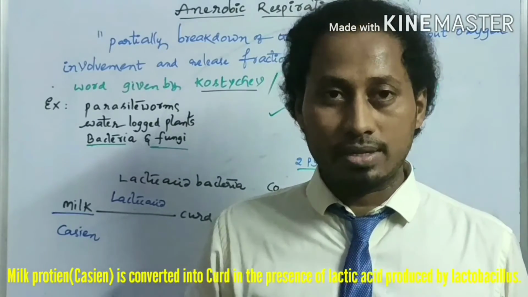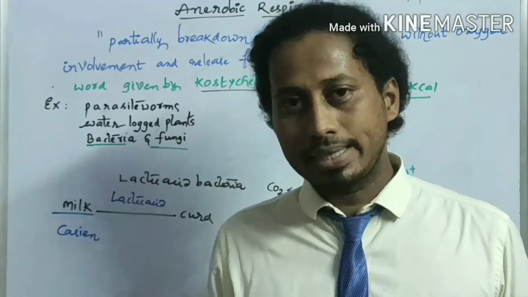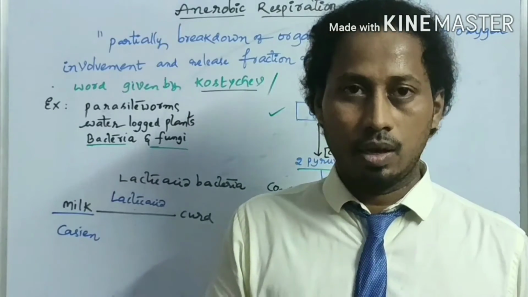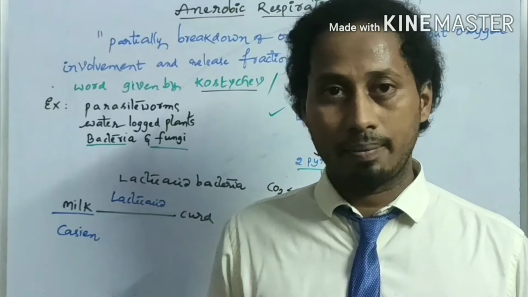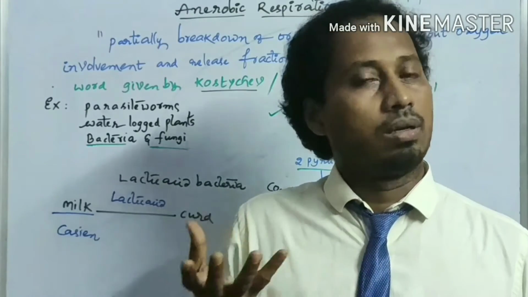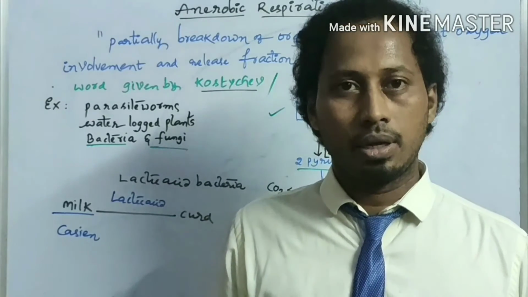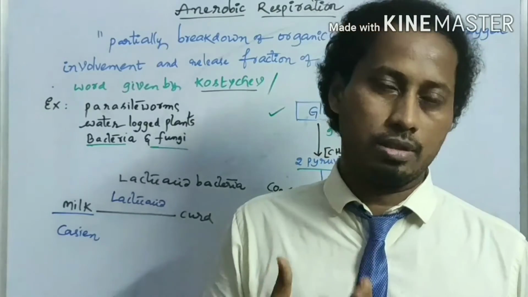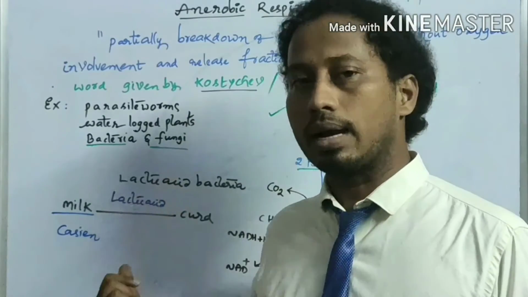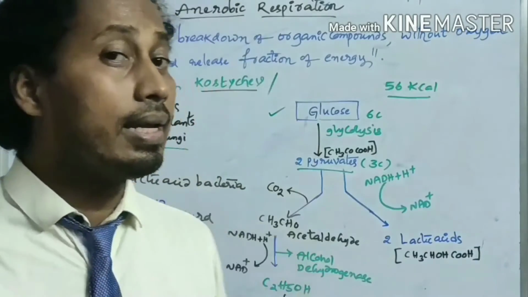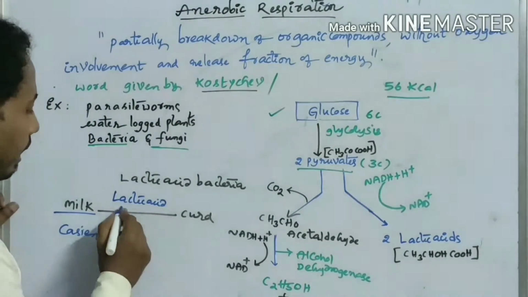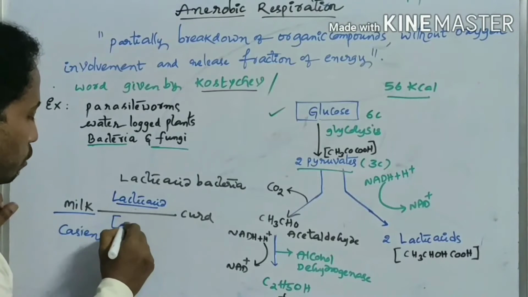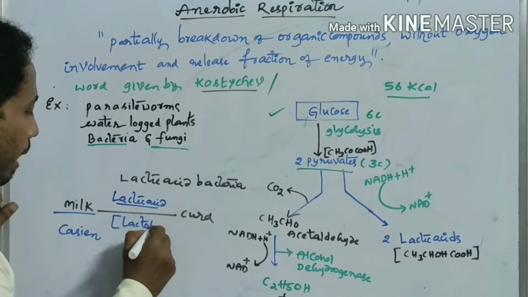In other words, lactic acid is an acid produced by Lactobacillus bacteria. We know that acidic conditions denature proteins. So the milk protein casein is denatured because of this lactic acid produced by Lactobacillus.